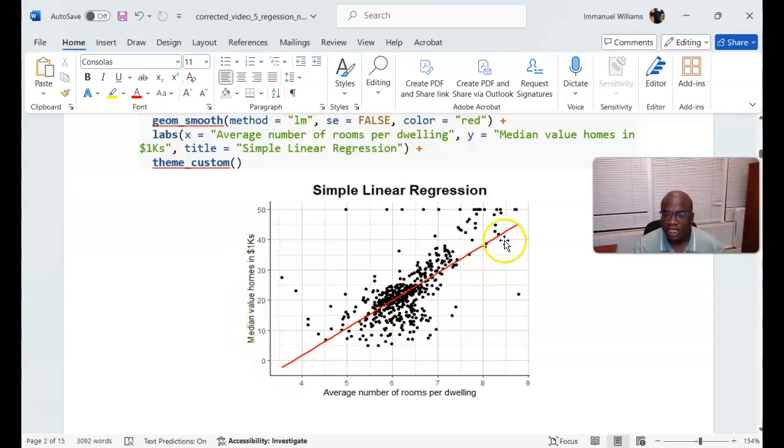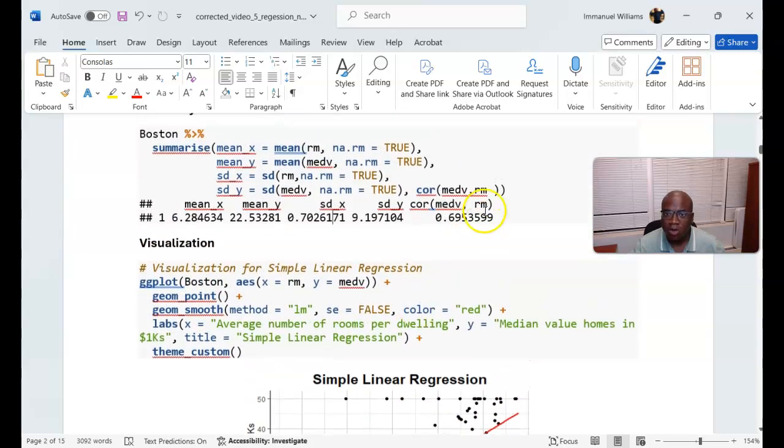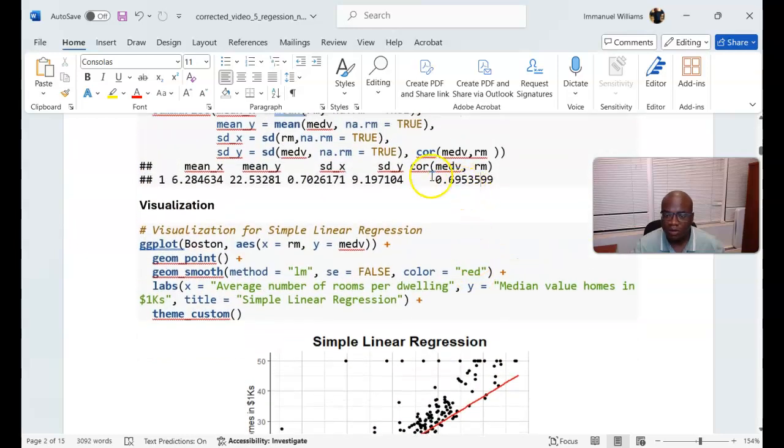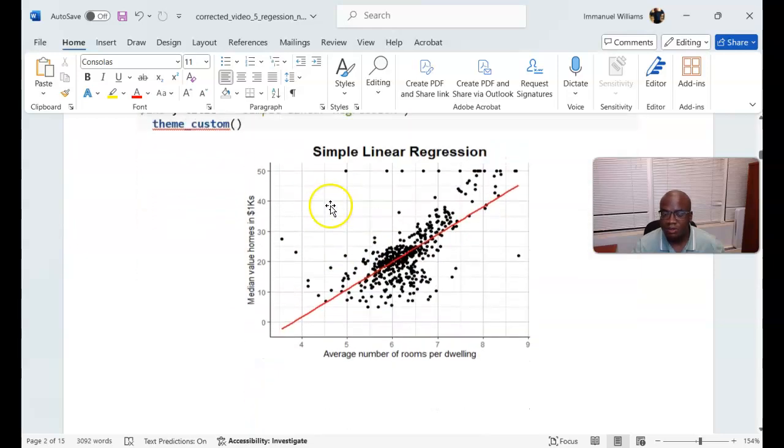As we look at this, this has a positive relationship, and that's no coincidence with regards to this positive correlation. So positive relationship, positive correlation. If this were to be negative, we would expect it to be going down. We have some values that are strange, which is fine.